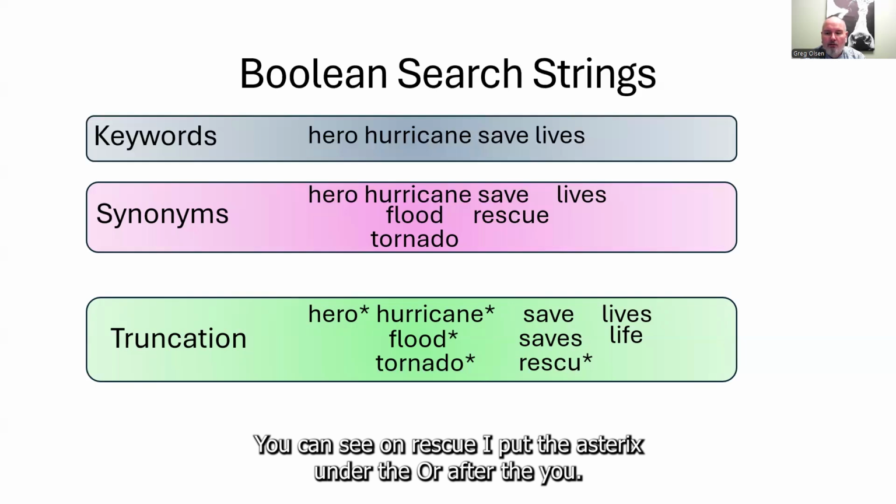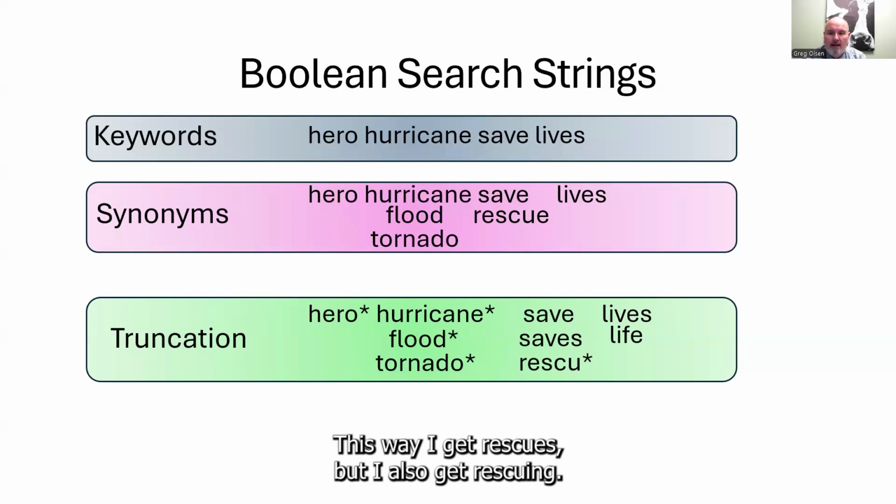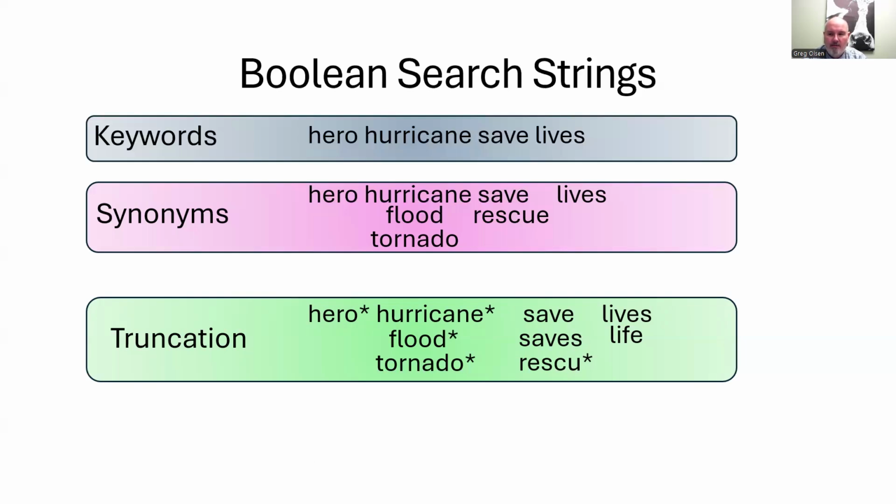You can see on rescue, I put the asterisk after the U. This way I get rescues, but I also get rescuing. I want to go back as far as I need to get rescue and rescuing. And then we look at a word like lives.